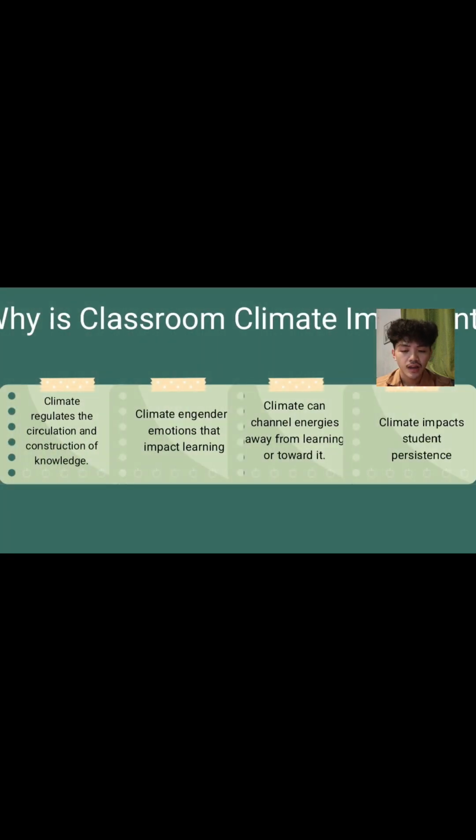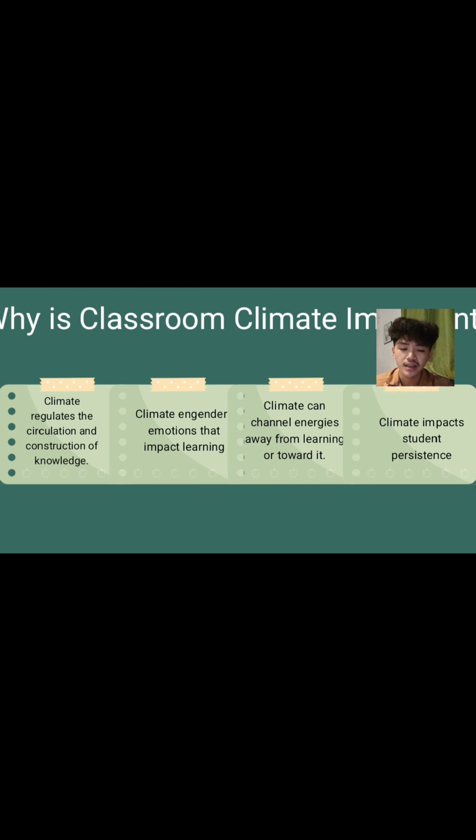Okay? So, number 1 is climate regulates the circulation and construction of knowledge. That is why it is important, guys, to have good weather in our classroom. What weather do I really mean? To have a good mood, to have social interaction and communication.